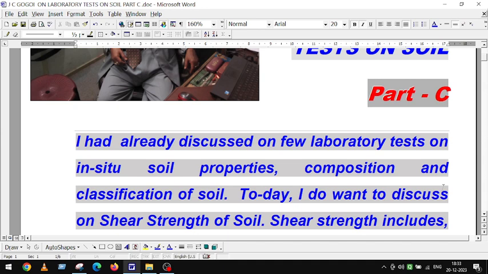Today I shall be discussing shear strength of soil. Of course, I had already discussed shear strength of some rock samples earlier.